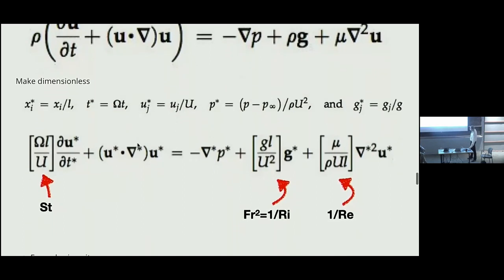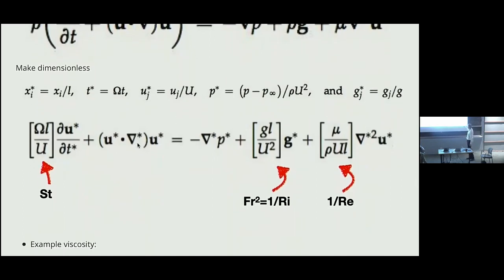And what you find is that in front of these terms appear these ratios. And these ratios are the dimensionless numbers that we keep talking about. For example, this here is 1 over the Reynolds number. This here is the Froude number squared, which is also 1 over the Richardson number, and then there's the Strouhal number.